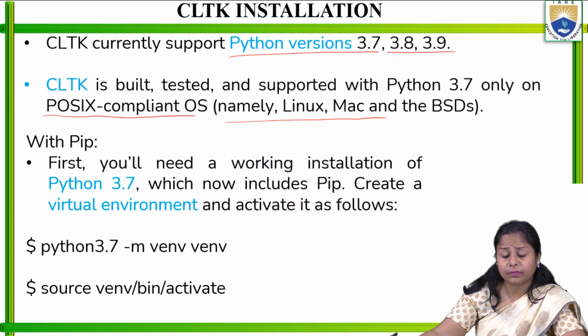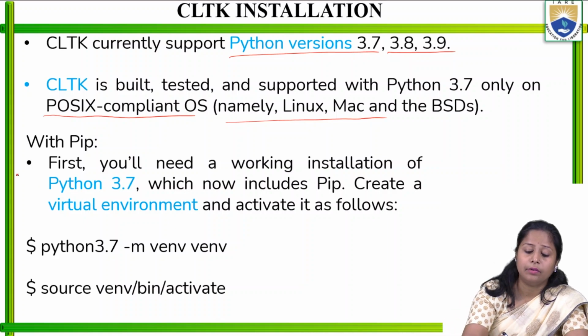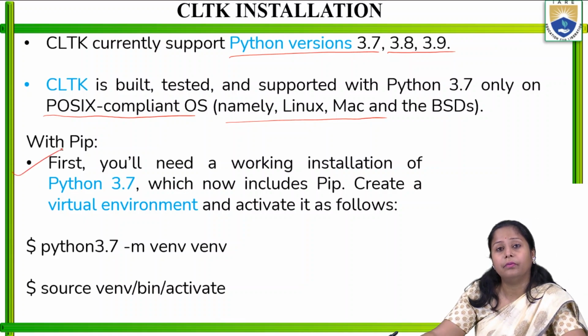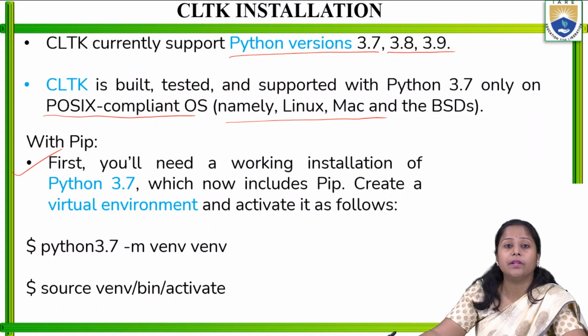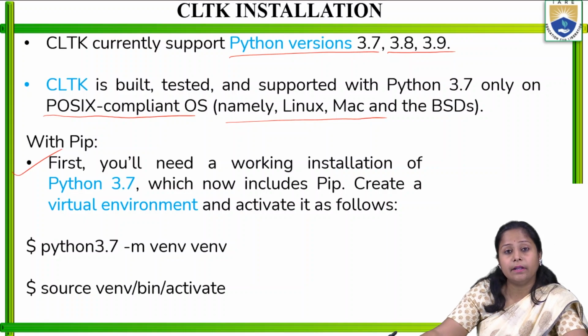Now if you want to install with pip, how do you install it in Python? First of all, you need a working installation of Python 3.7. First we need to install the Python 3.7 software, which is also freely available and now includes pip. With pip only we can use this. Then we need to create a virtual environment.